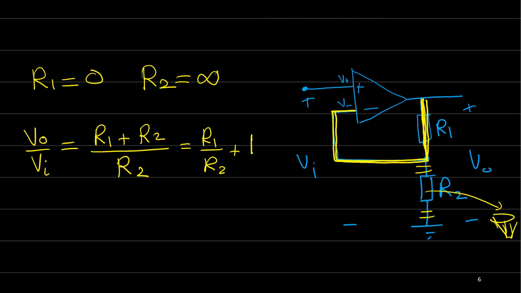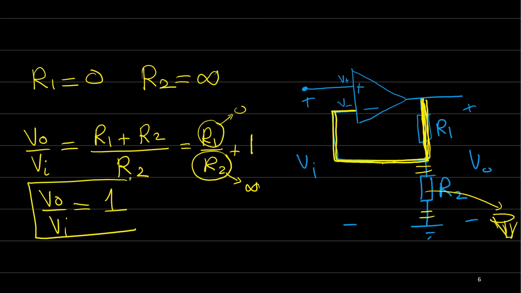When R2 is infinity and R1 is 0 or any value, let's say it's 0 because we replaced it by 0, what's happening to V out over V in? V out over V in equals 1. So here we have a unity gain for this circuit.